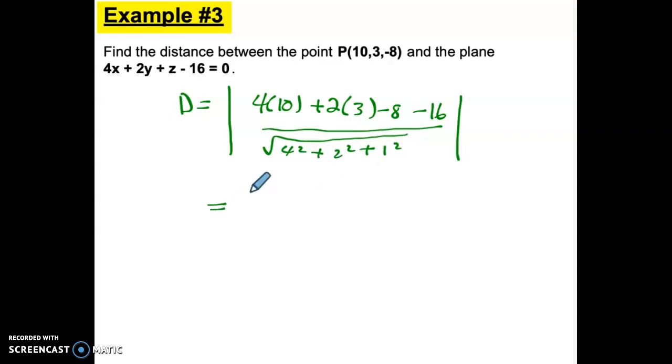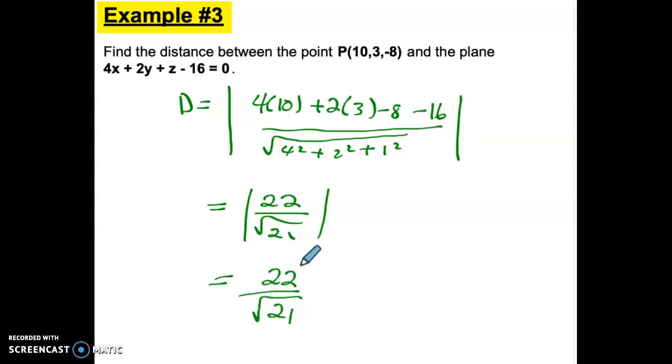And if we work that out, we get 22 over square root of 21. And it's already positive, so the absolute values really weren't even needed. The distance would be 22 over square root of 21. Okay, and there it is.